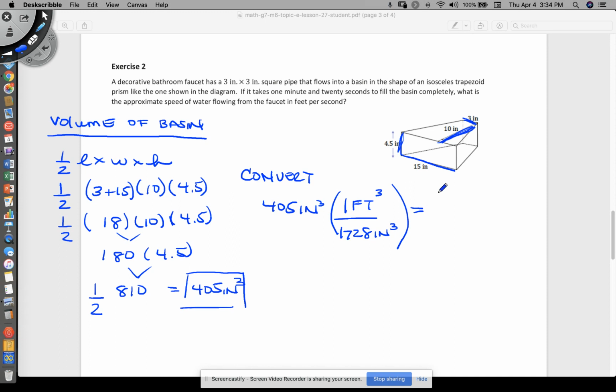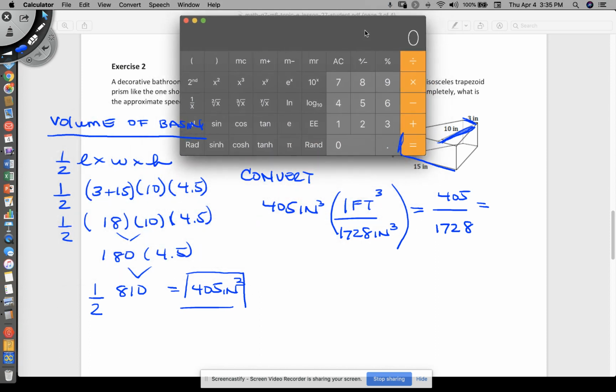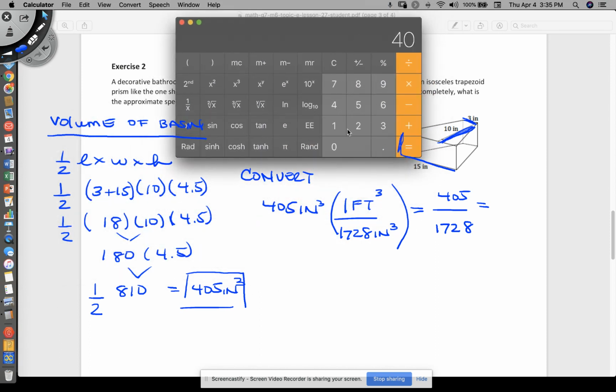We're going to multiply this, and we get 405 over 1,728. This is going to give me a long decimal when you do it on the calculator. I'll just show you real quick. I'm going to grab my calculator. There we go. I'm going to say 405 divided by 1,728.